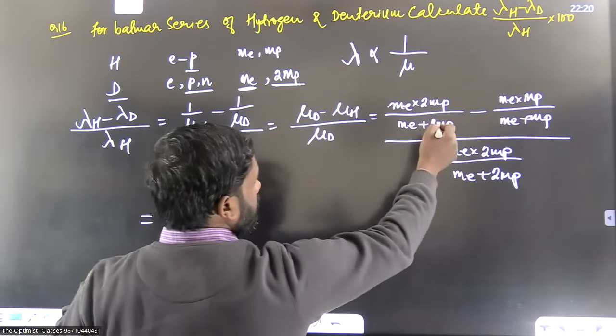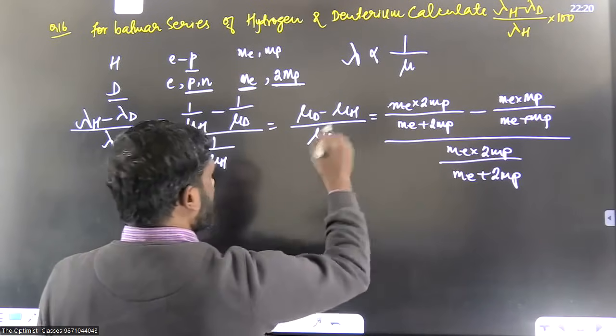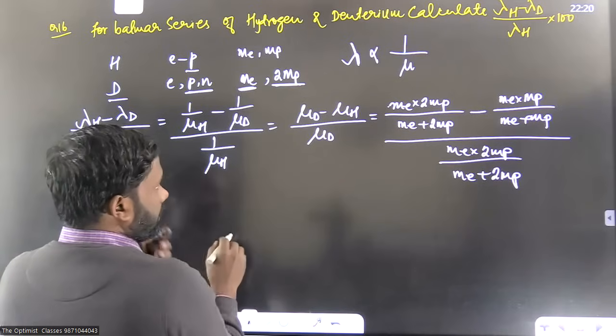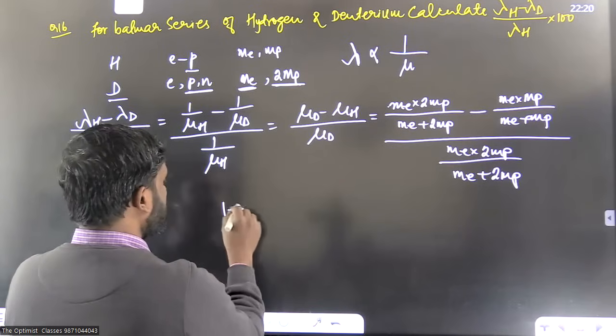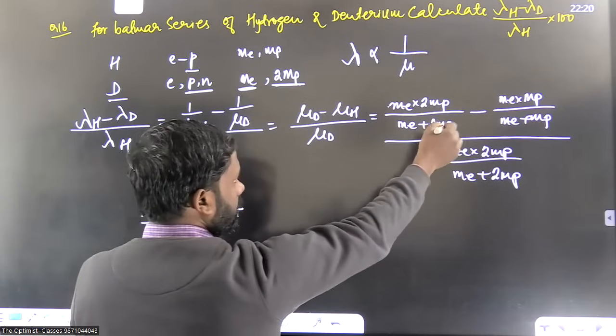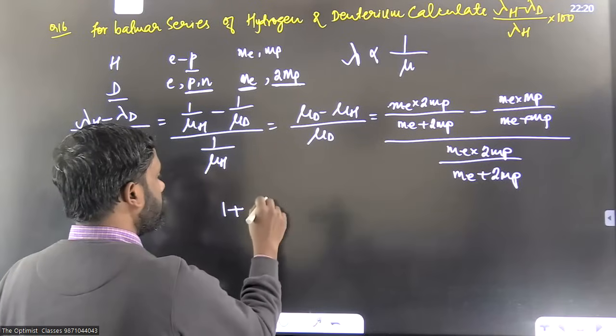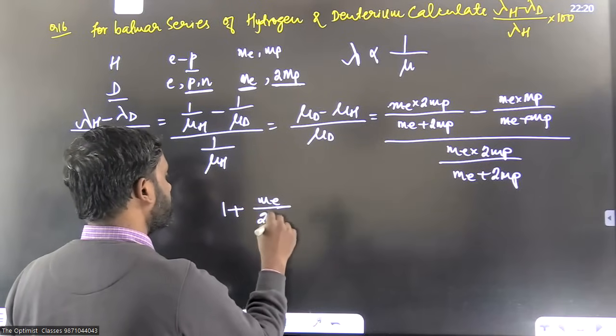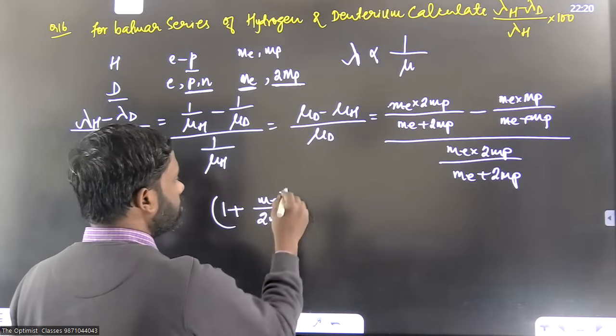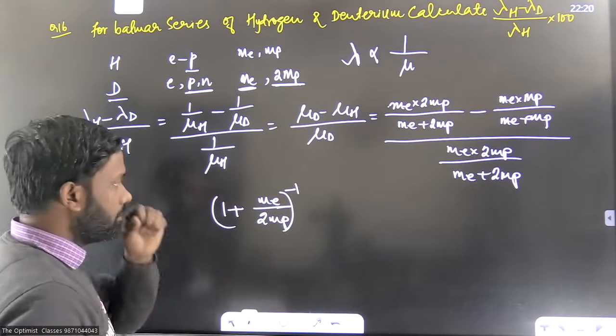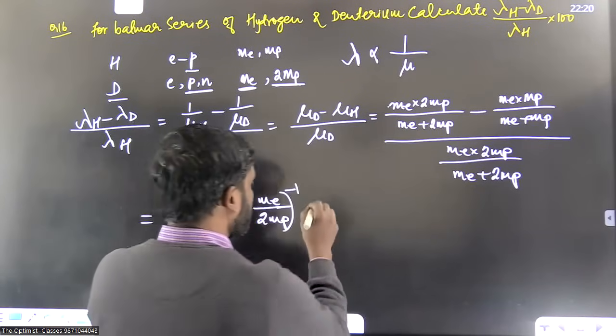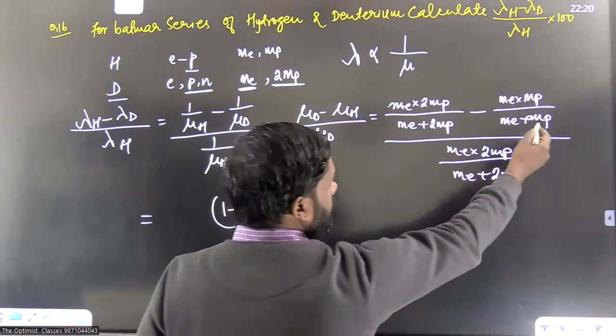Okay, so here from the numerator and denominator take 2 mp common, so 2 mp and 2 mp will cancel out, and what you will get is, if you take 2 mp common, you will get me divided by 2 mp, and I'll take it to the numerator, so its power will become minus 1. Minus, similarly here take mp common.